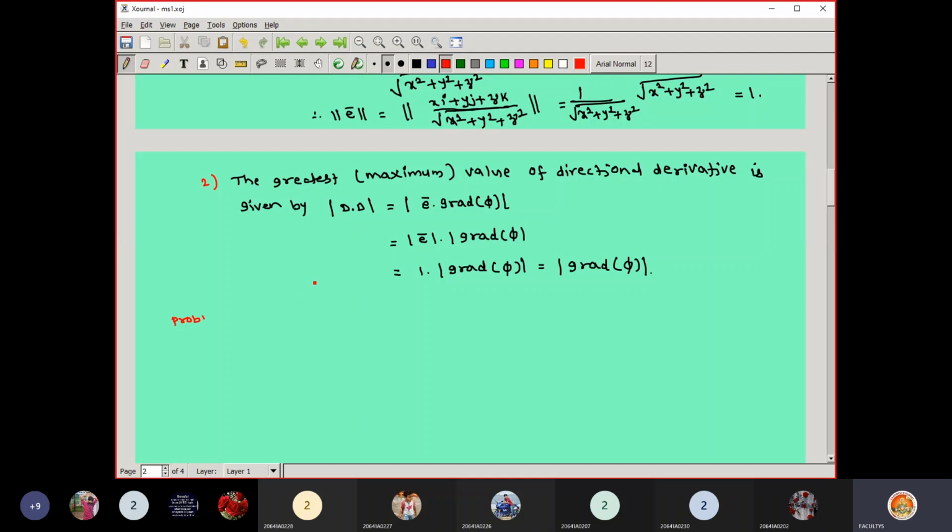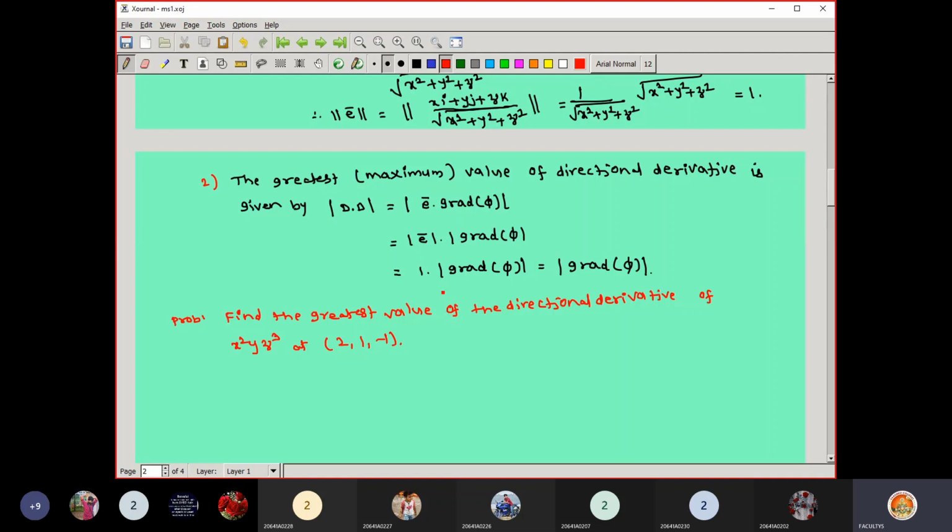So I'm taking the first problem. Find the greatest value of the directional derivative of x square y z cube at the point 2, 1, minus 1.